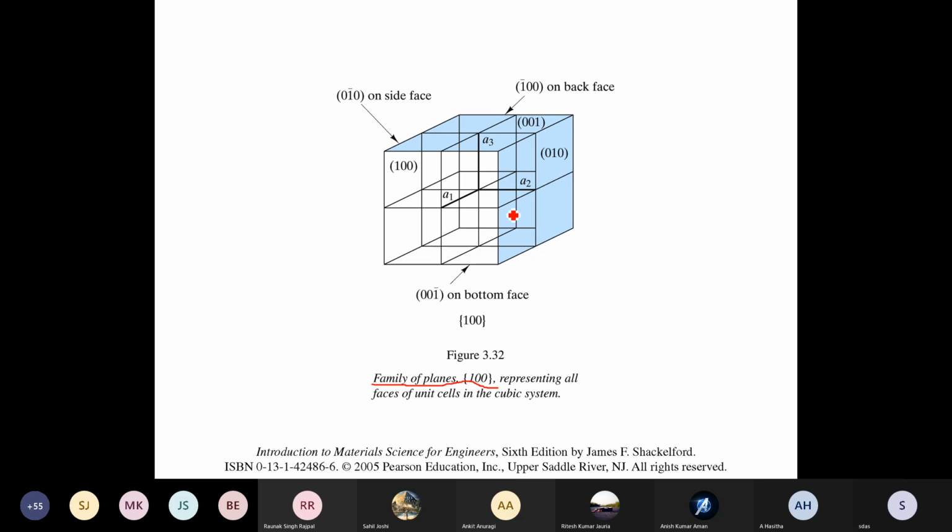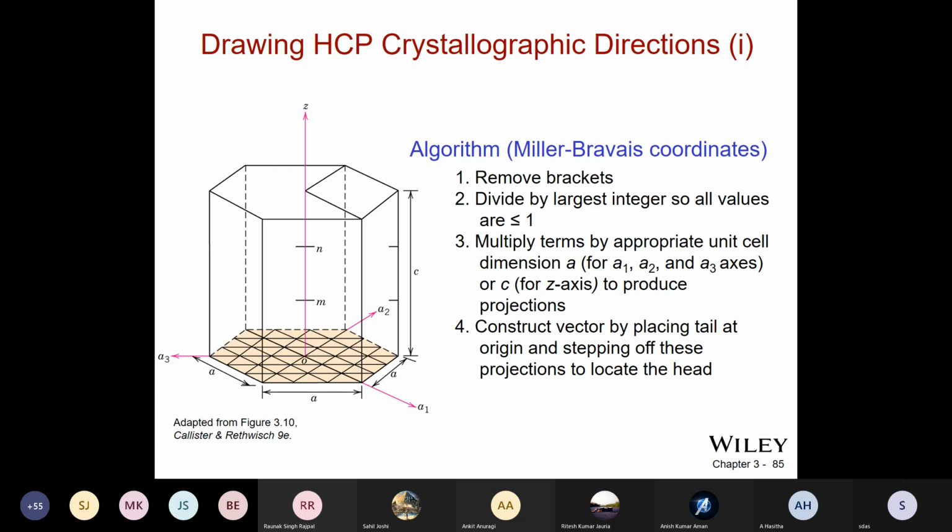Now, hexagonal close packed, or close packed hexagonal. How do you index it? Look at it. It's actually 3 unit cells. One unit cell is this. And you extend correspondingly downwards.